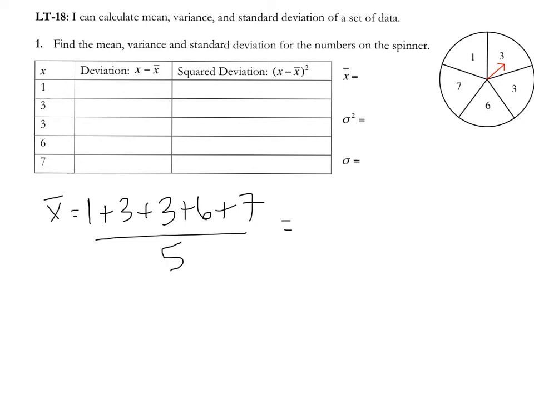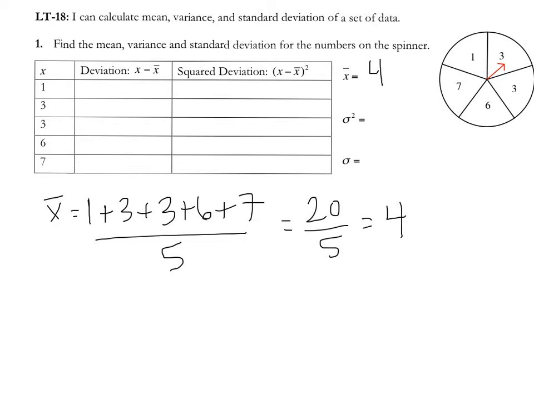If we add all of this up, we get 20 over 5, which is 4. So in this problem, our mean is going to be 4.